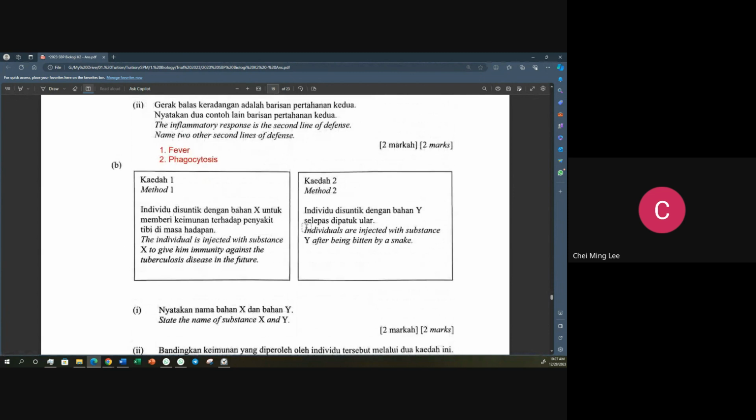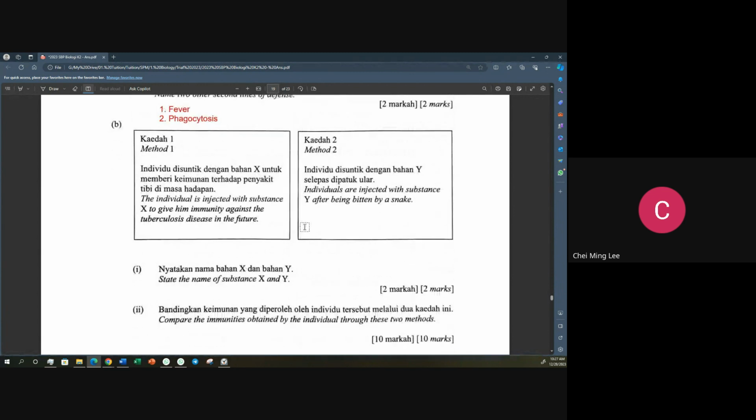Now, let's see B. The individual is injected with substance X to give him immunity against the tuberculosis disease in the future. This is method 1. For method 2, individuals are injected with substance Y after being bitten by a snake. So for X, it is vaccines.